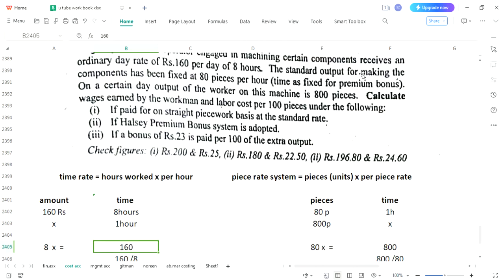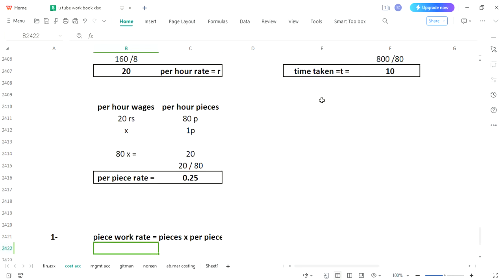Come over here and you can see that on a certain day the output of the worker is 800 pieces. So number of pieces made is 800, and we need to multiply by the per piece rate, and you can see the per piece rate is 0.25. We have calculated, statement completed.